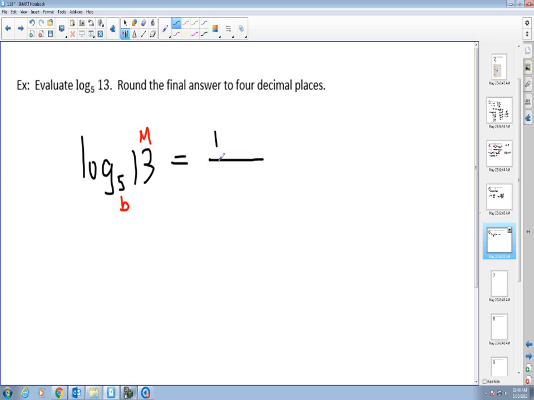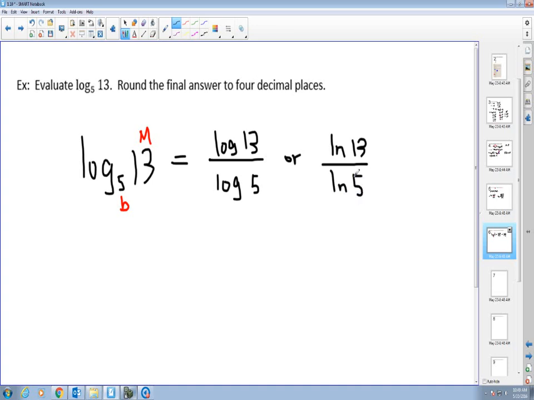So that will give me log of m, which is 13, over log of 5. And when I simply say just the word log, that means I'm using base 10. Or if I want to use base e, that will give me natural log of 13 over natural log of 5.